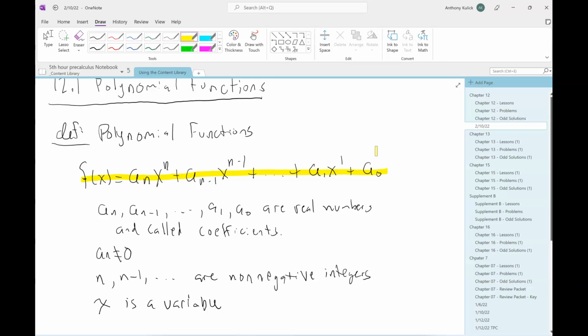And the first coefficient has to be non-zero. The exponents, the n, n minus 1, etc., have to be non-negative integers. By integers, we mean whole number, no fraction, no decimal. So non-negative means 0 is okay, but like -1 would not be. Everybody's cool? And then obviously x is the variable.